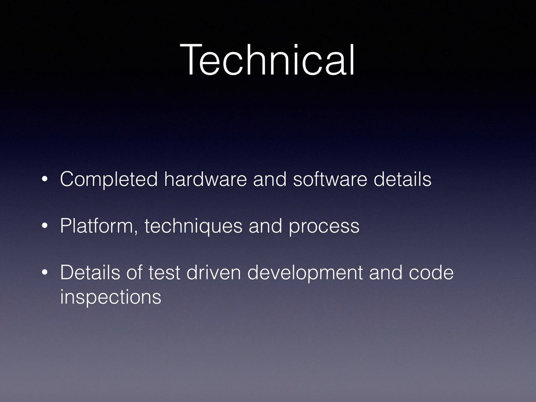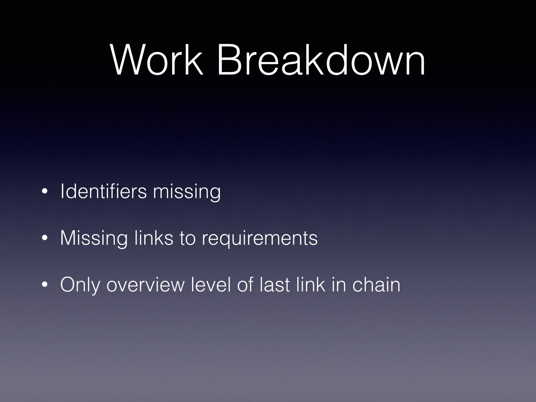This falls in nicely with our process of iterative development. The details of the test-driven development and code inspections were given in the document, which are part of the technical part of the project management plan.